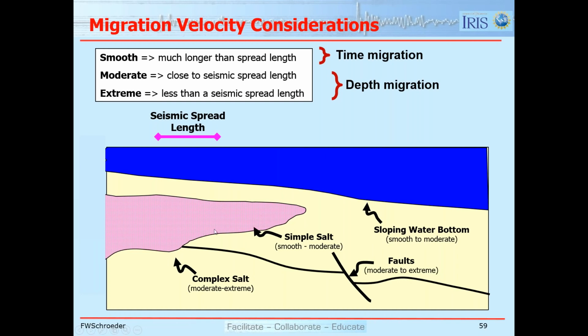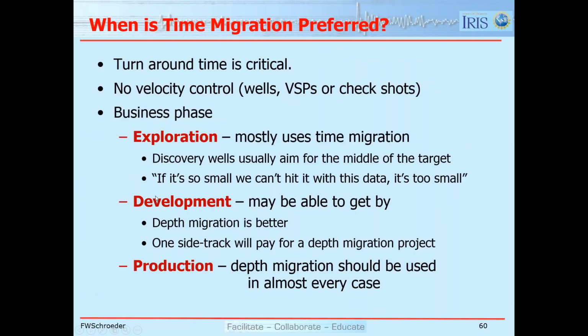And so salt has a very significantly different, higher velocity than sediments. And so if we're in this area, the lateral velocity changes are small. If we're in here, they're very high. If we're over here, they're somewhat moderate. So depending on the geological complexity and the variability in the velocities, that would dictate what type of seismic migration ideally we would like to have.